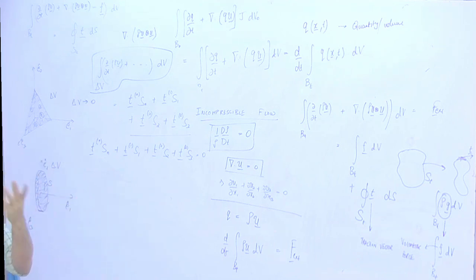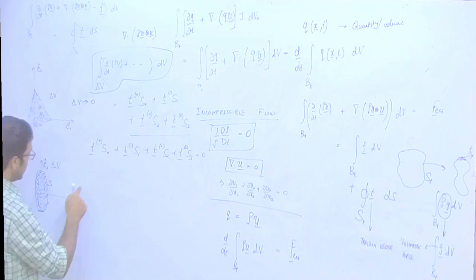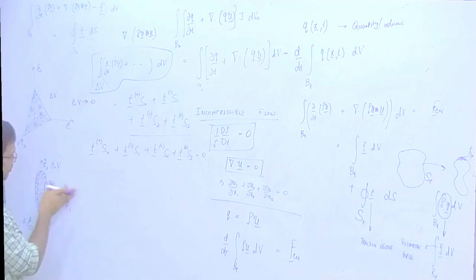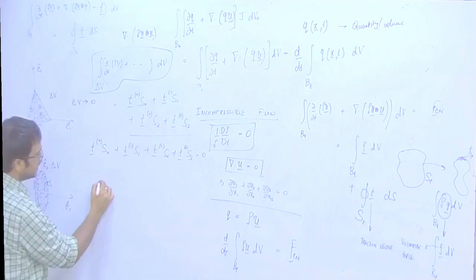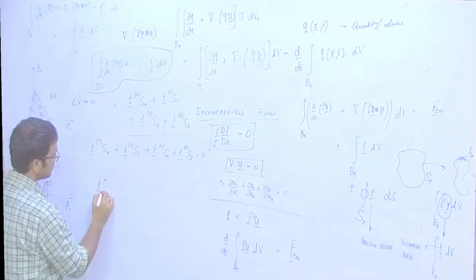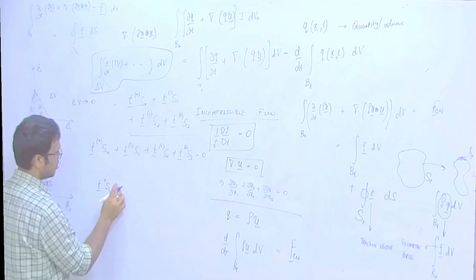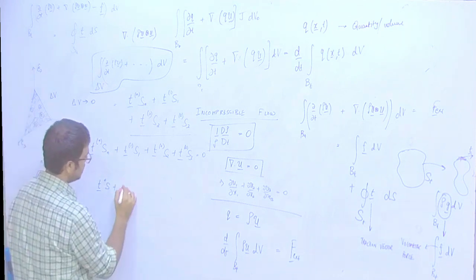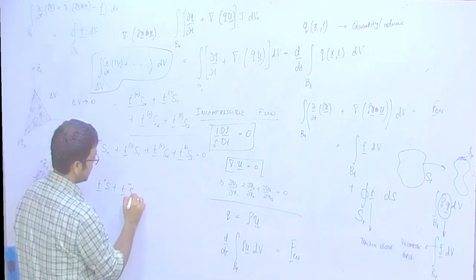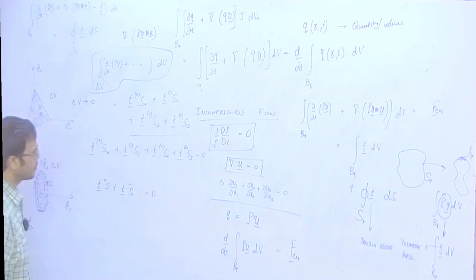In that limit, let us say you have a plus surface and a minus surface, you will get T plus times S plus T minus times S equals 0.